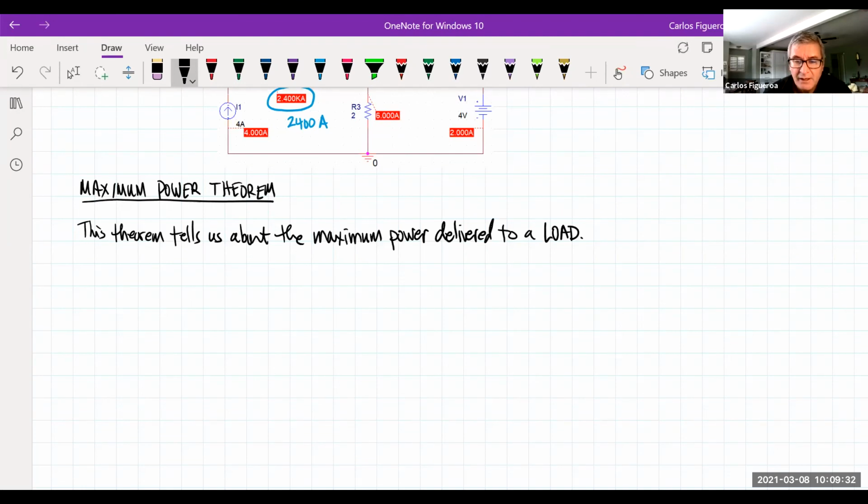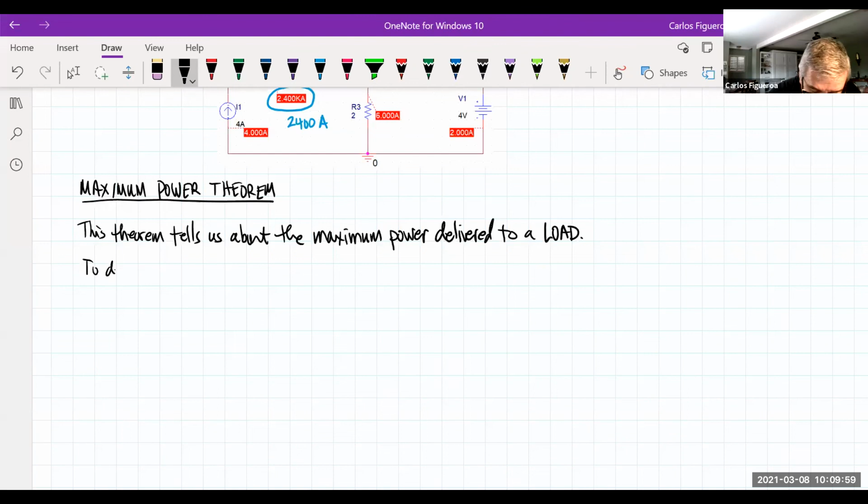But most of the time, you get maximum power to a resistive load when the Thevenin resistance and the load resistor are exactly the same. So what we want to do here is derive this.